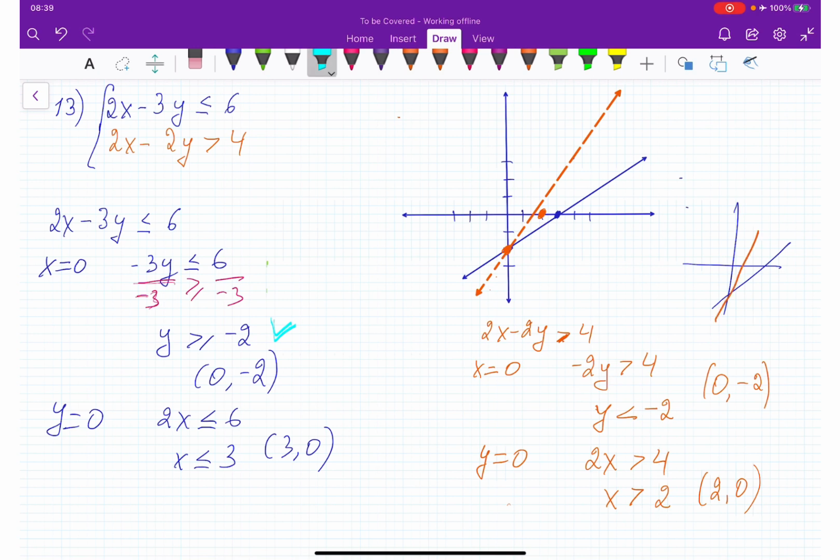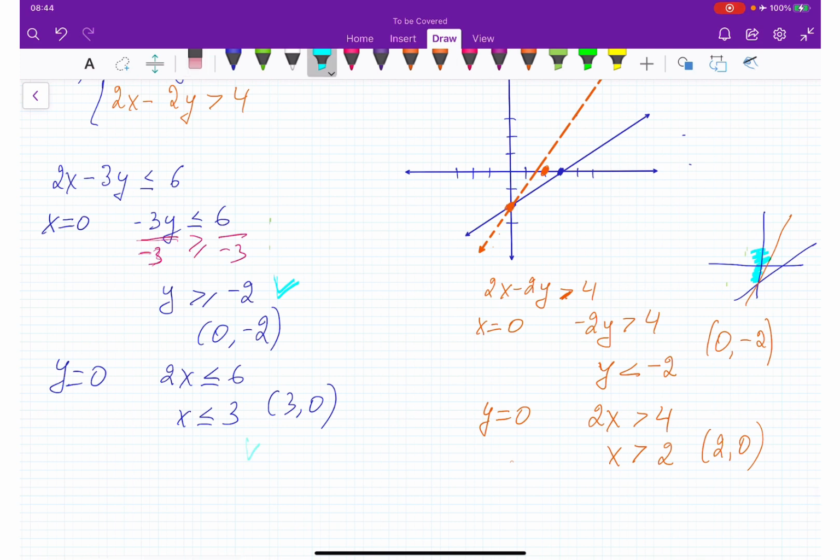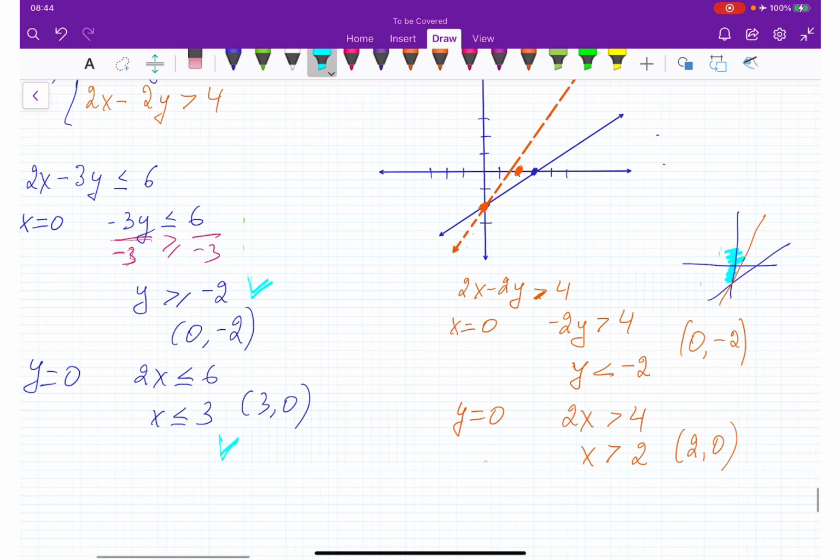So this is my negative 2. It's greater than negative 2, right? And now x is less than or equal to 3, right? If this is our 3, then less than or equal comes this way. So the graph comes this way, shading the area. This is the solution for the blue color graph.